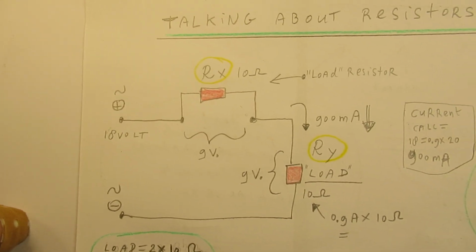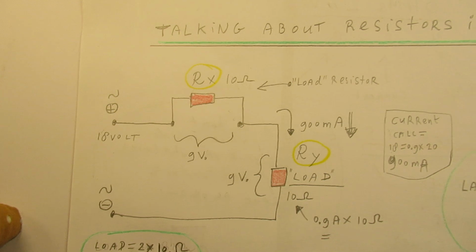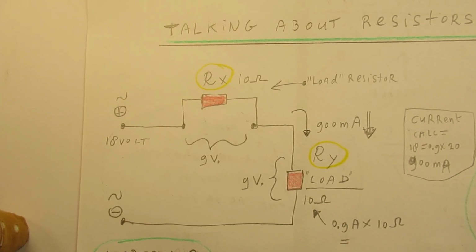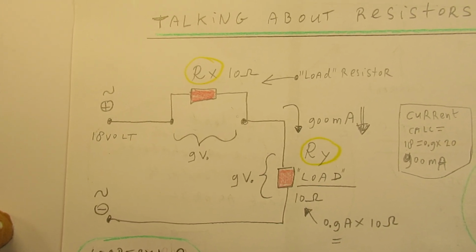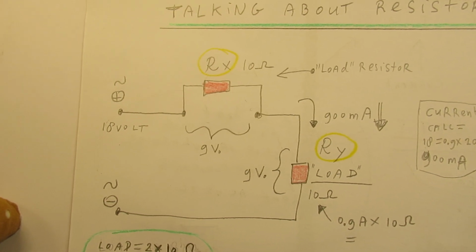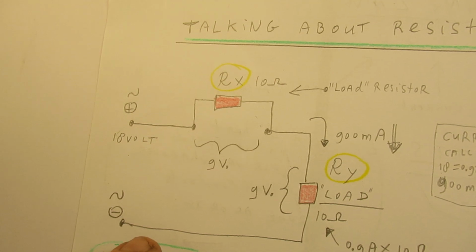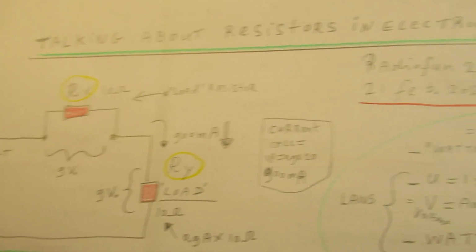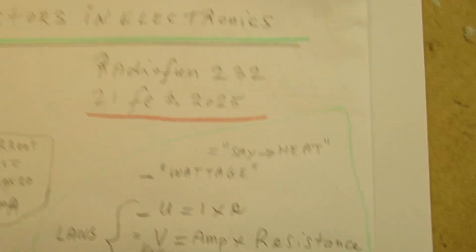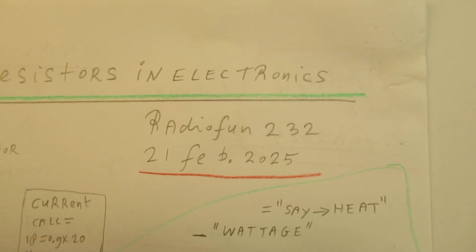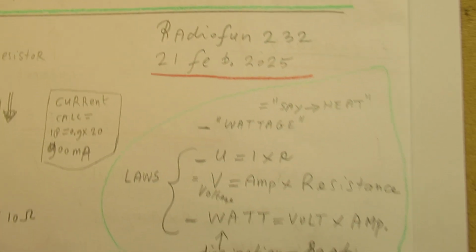That's Ohm's law. And how the watts are calculated: watt is volt multiplied by ampere. So here we have these laws that are valid in this circuit.